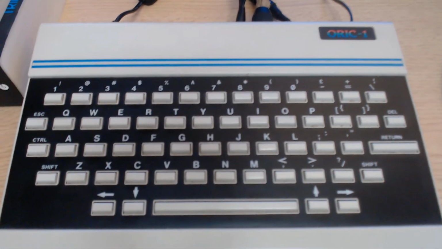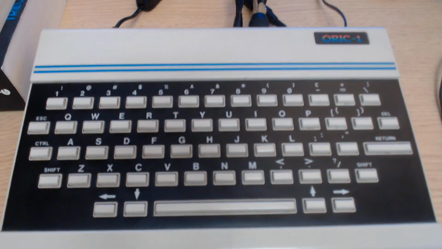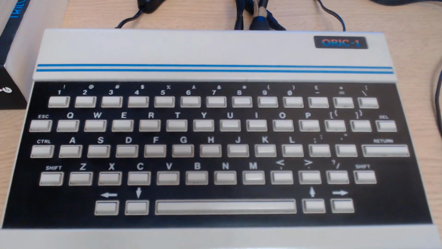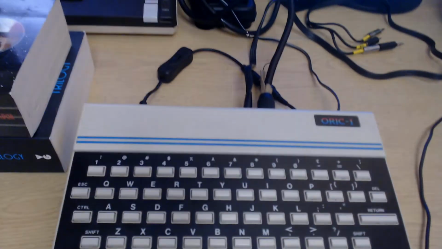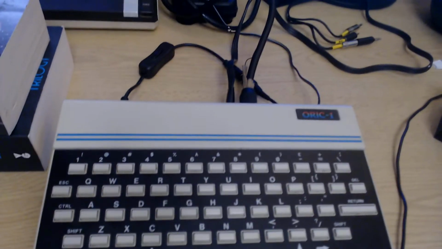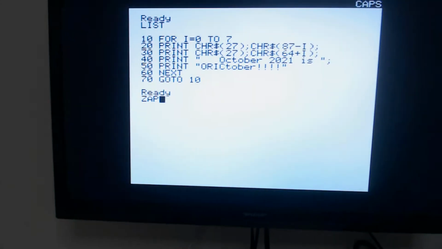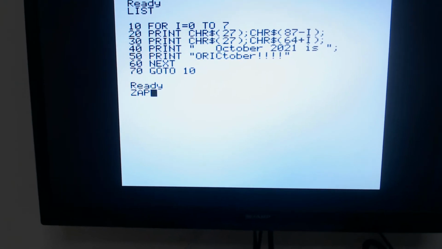It has 8 colors, a 40 by 28 text mode, and a 240 by 200 pixel high resolution mode, and also it has a decent sound chip. If I type on the screen zap, and this is pretty famous, a lot of people know about this, you hear this.